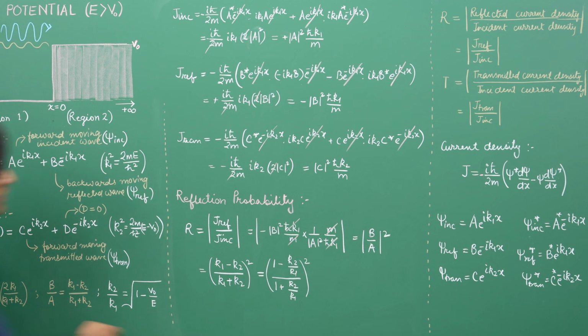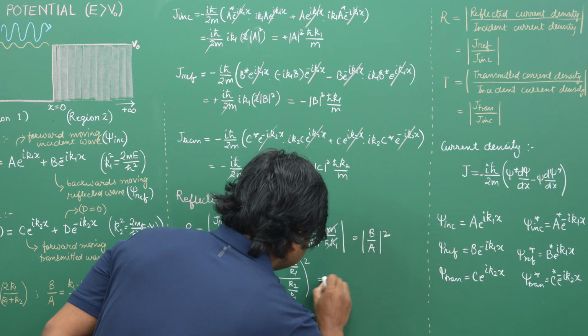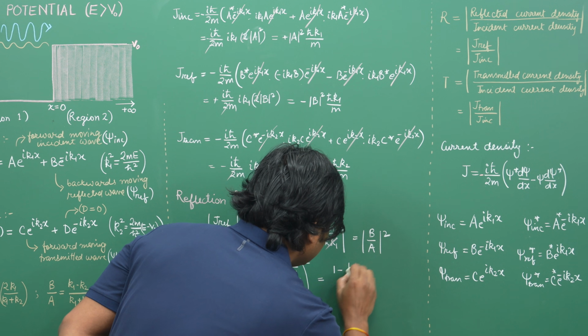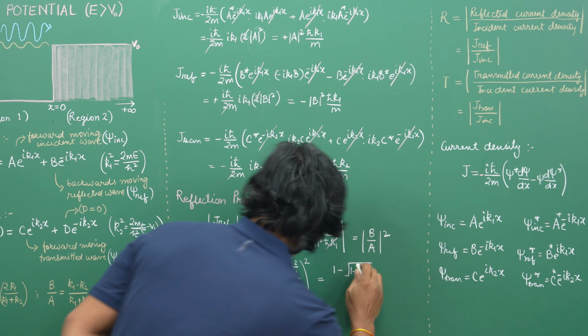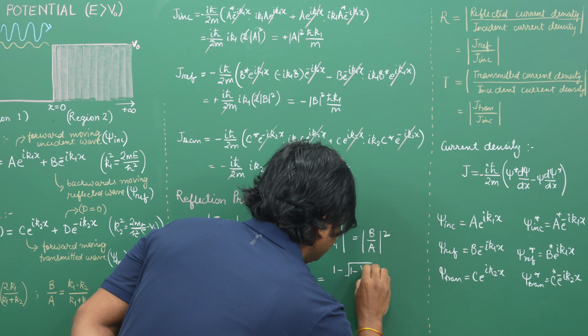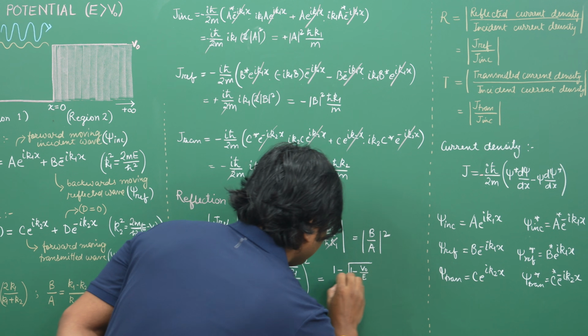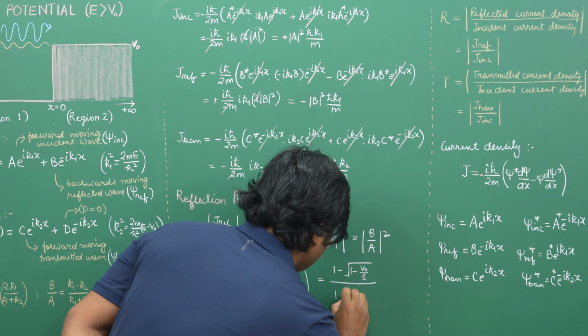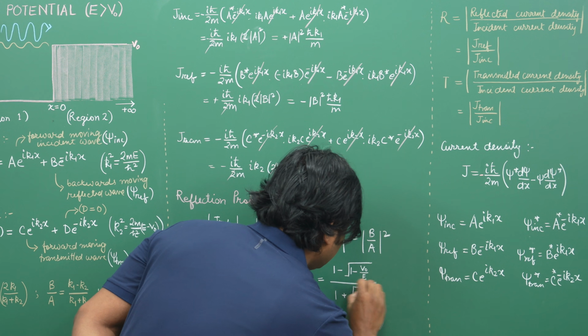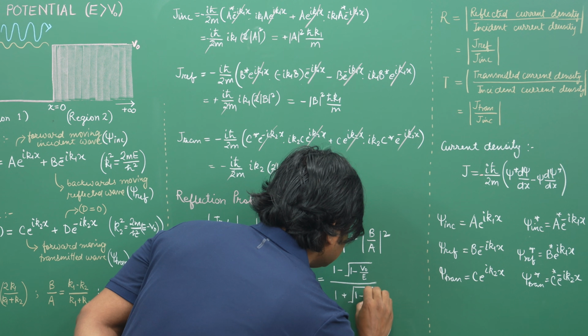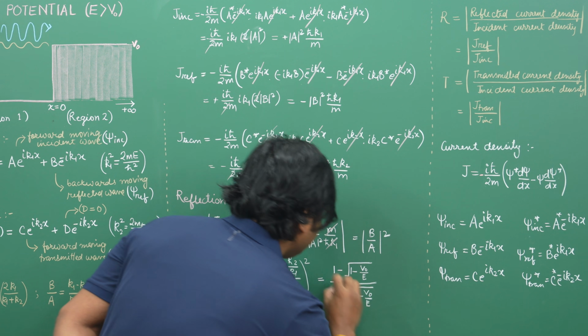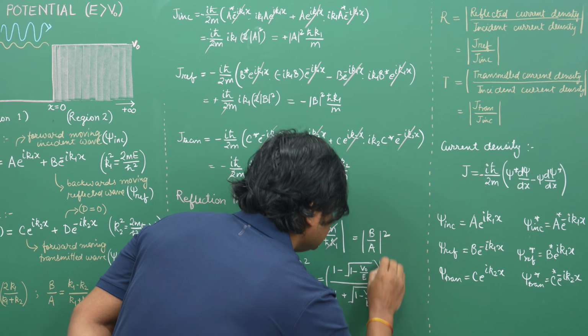If I substitute this here, this simply becomes 1 minus root over 1 minus V naught upon E, divided by 1 plus root over 1 minus V naught upon E, whole square.